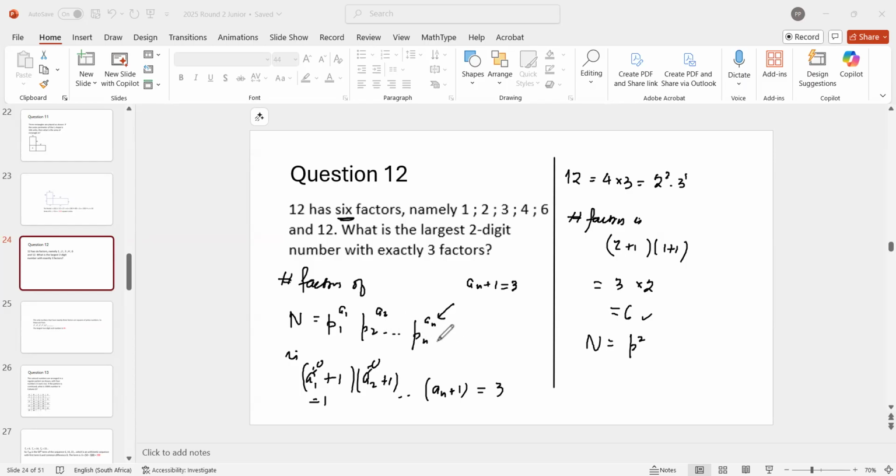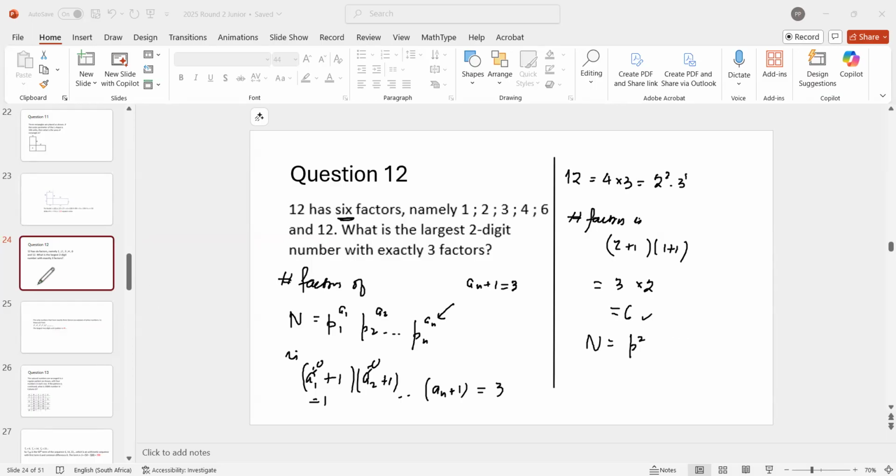You have that prime factor raised to an, but an plus 1 will be equal to 3. So the long and the short of the story is that n is a square of a prime. What is the largest two-digit number which has 3 factors? It must be a square of a prime.